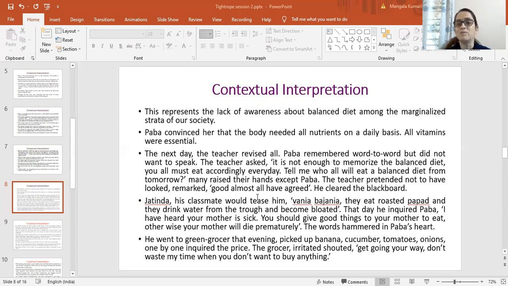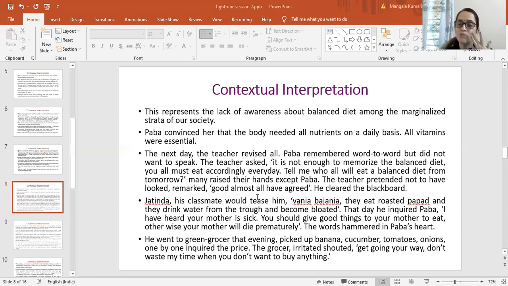He couldn't help Baba. Jatinda, his classmate, used to tease Baba: Vanya Bajania, they eat roasted papad and they drink water from the trough and become bloated. So these are rhythmic sentences.